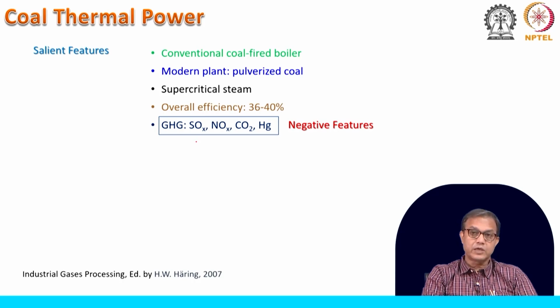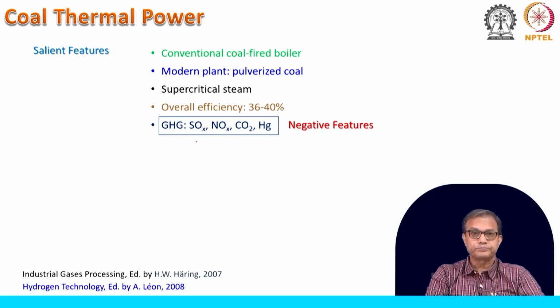So, is there any chance that we can rectify the use of coal, or is there any process which can be helpful in utilizing this coal in a better way? So, that is what we are now trying to look into.